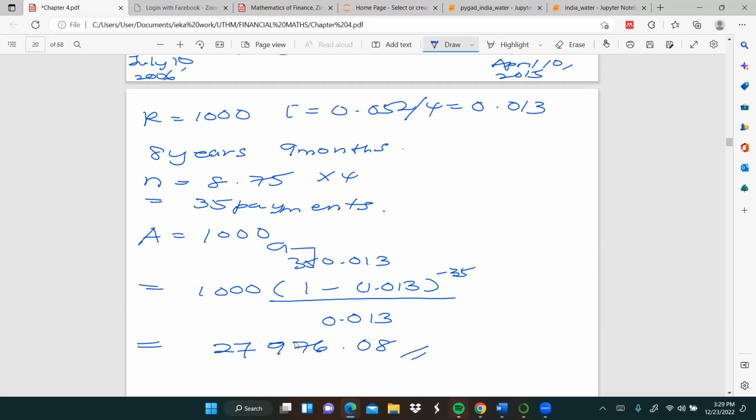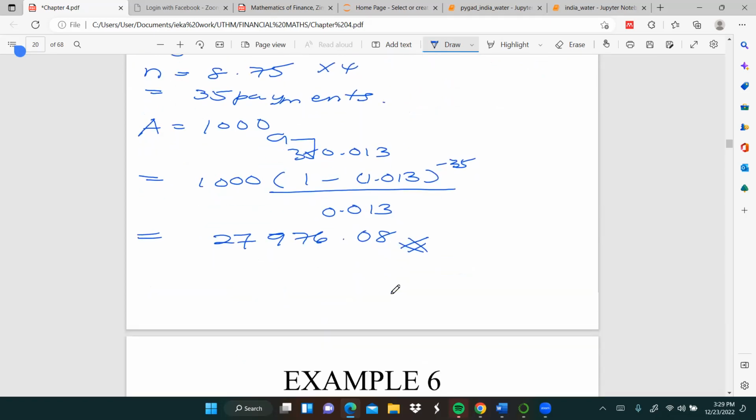Okay, this is how much that Mrs. Chong pay. Okay, this is the amount that she paid for the annuity. Okay, kalau kita kira, okay, 1,000 sebanyak 35 kali payment, kita akan dapat total value adalah, okay, 1,000 darab dengan 35 payments.